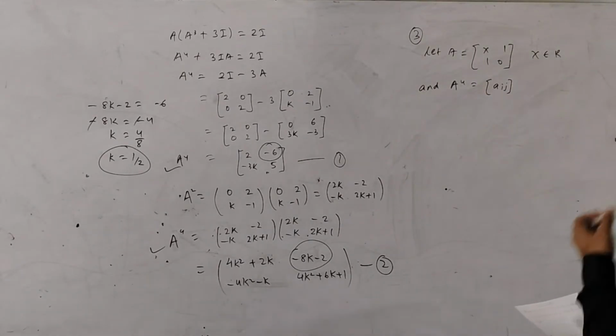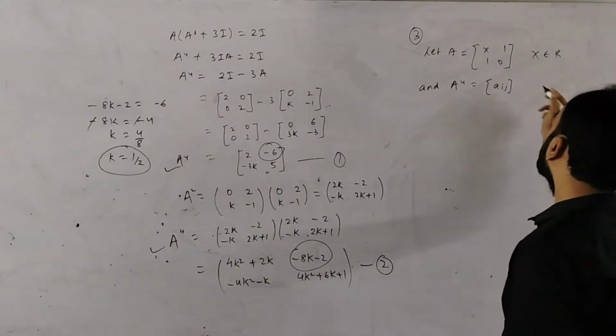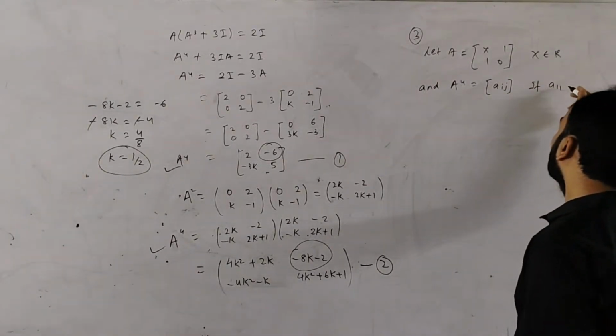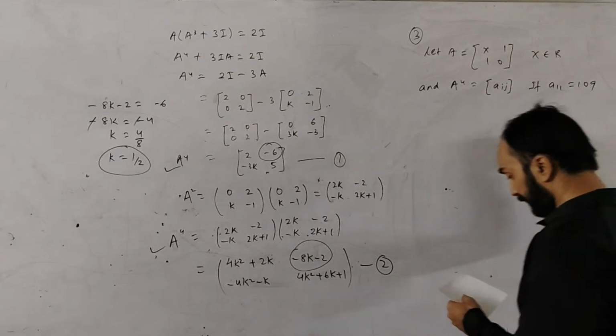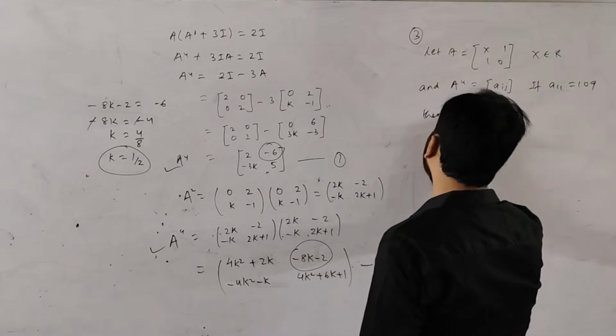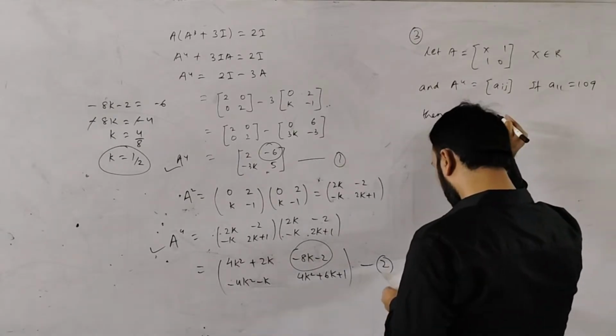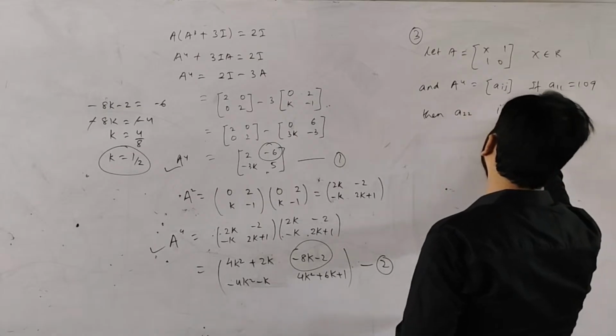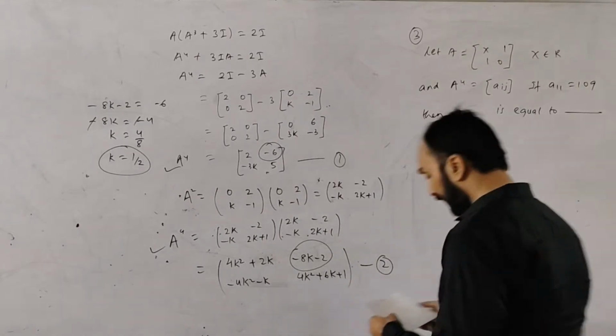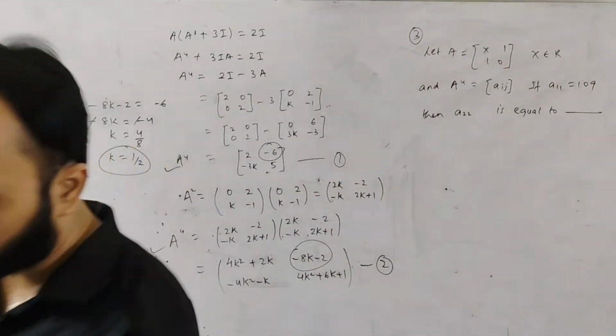So i is the row and j is the column, right? So if a11, that is first row, first column element, is given as how much? 109. Then a22 is what? They are asking it for a22 is equal to what?